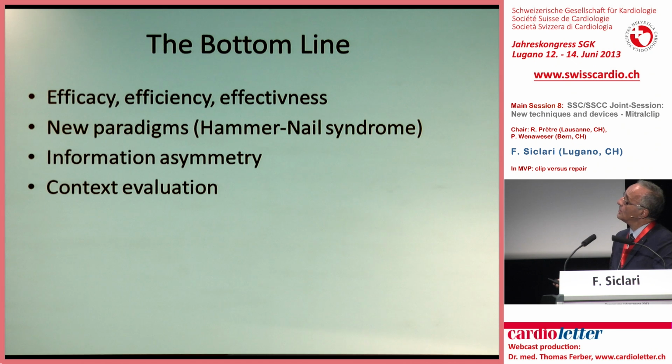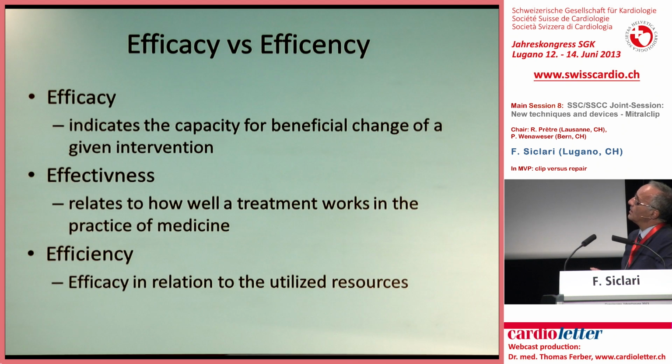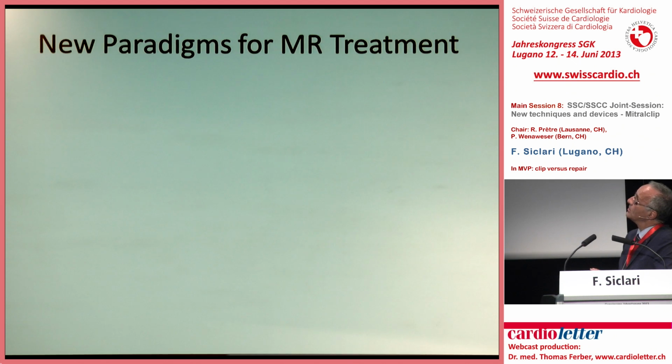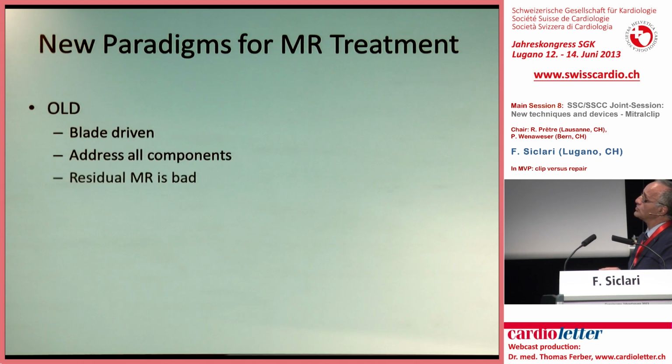So, a short bottom line consideration. I skip this because it's been taught before, but I think that in order to compare two kinds of techniques, we have to see that the paradigms are the same. So we have old paradigms: plate-driven, address all components, residual mitral regurgitation is bad, fix it forever.